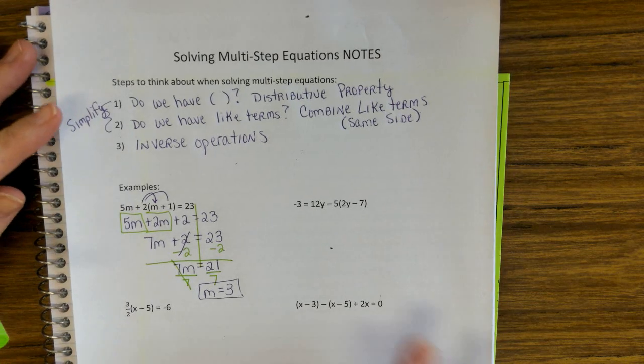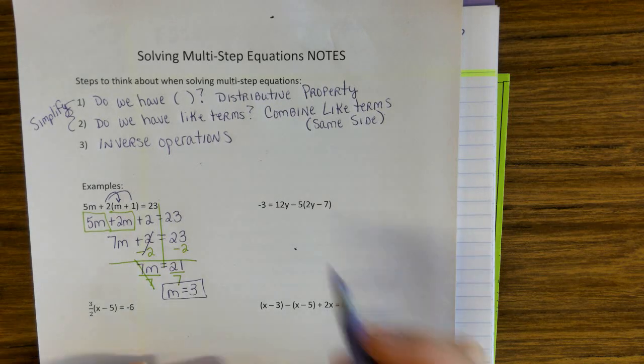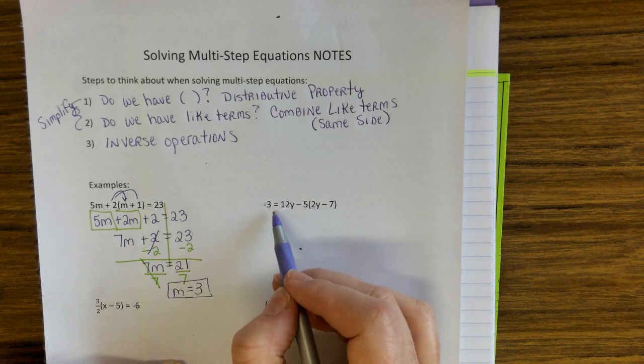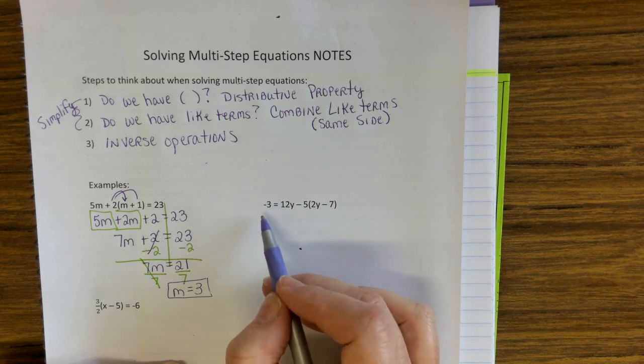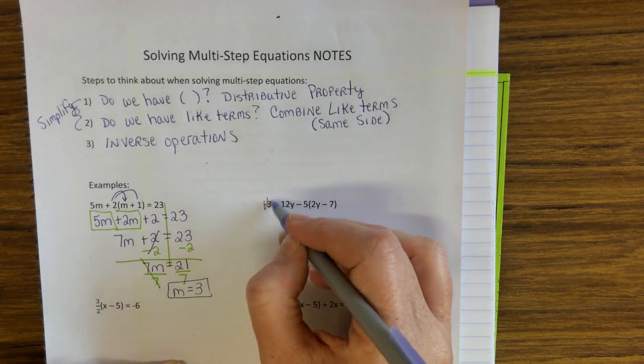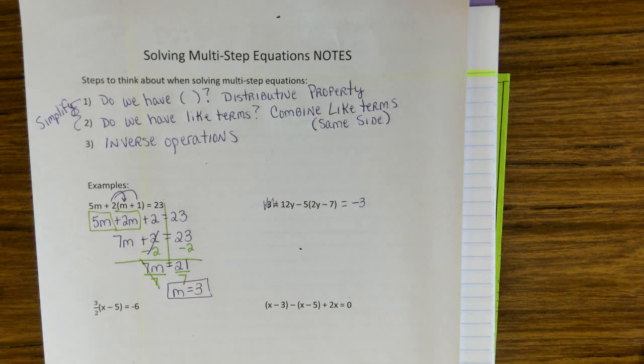Okay, let's look at the second one right here. Now, a piece about this equation is sometimes when our equal sign and a number is to the left, that bothers us a little bit. Remember, you could take this and move it to the back if that makes you feel a little bit more comfortable, but you also can solve it the way that it was.